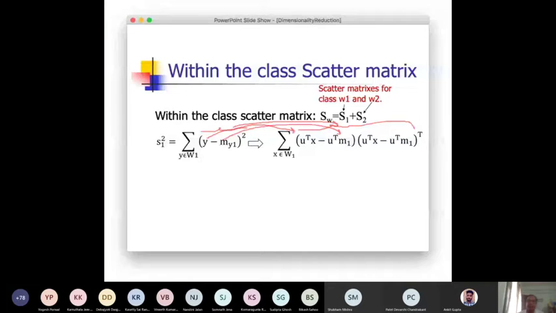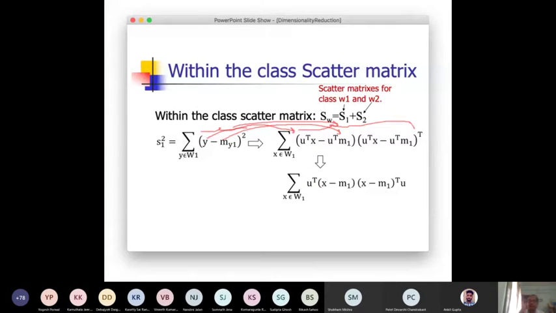And we are simply writing it in this way. These are scalar values, but for our convenience we consider them as 1 cross 1, so we can simply use the transpose operation. So this product, the square, can be represented with uniform notation like this. Why we are doing it, we'll see: it helps us in expanding this term with respect to matrix operations. I hope this is clear to you.